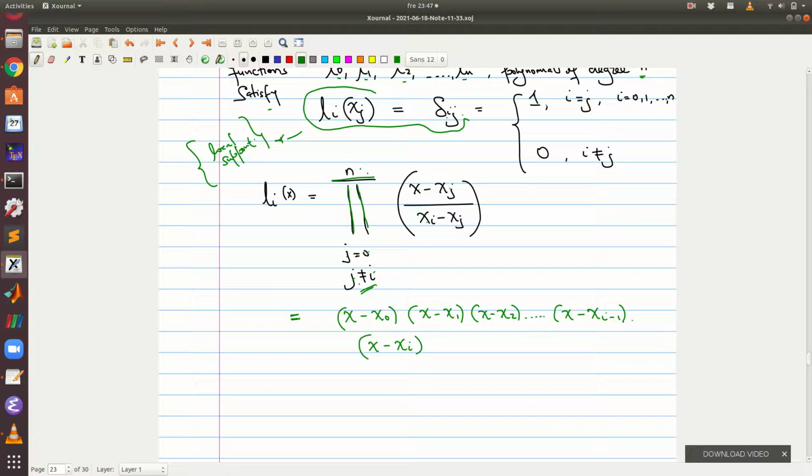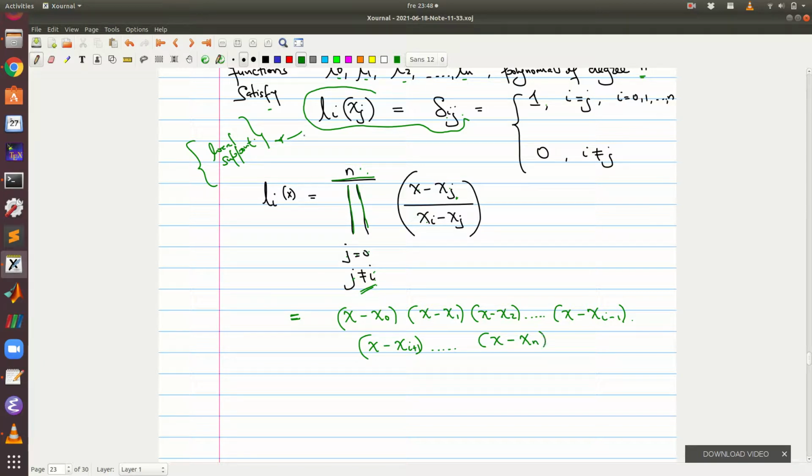However, remember we say that j is not equal to i. This value of j does not take on the value i. That means we skip this value and go to the next value, which is x minus x(i plus 1), and then we go on multiplying until j takes on n.